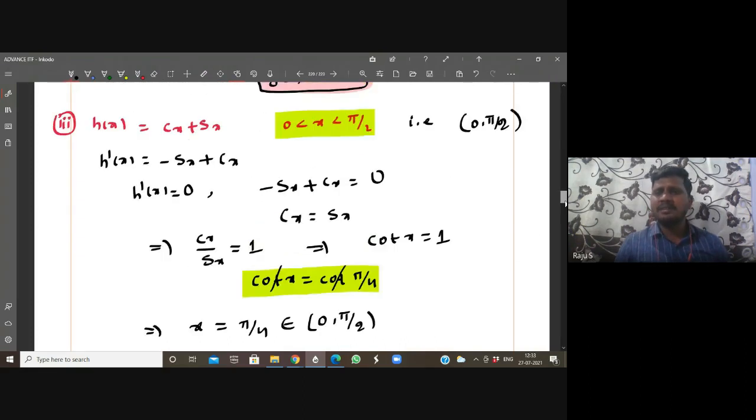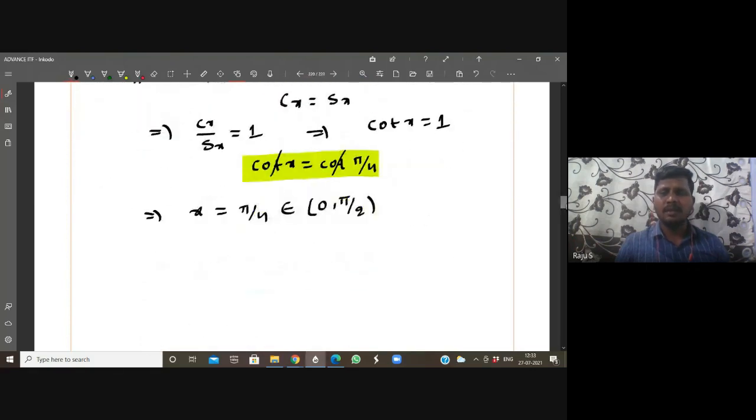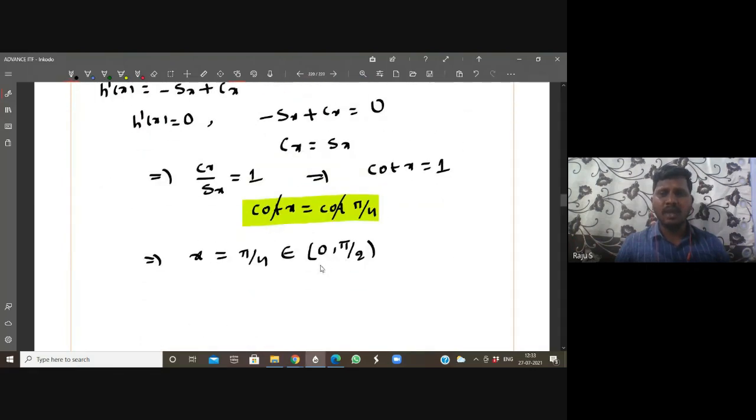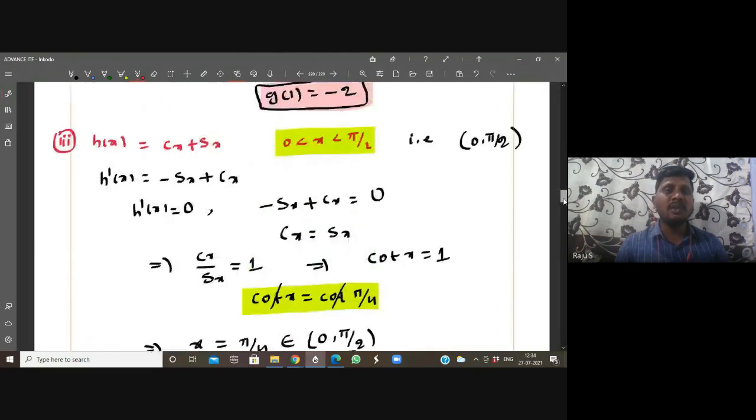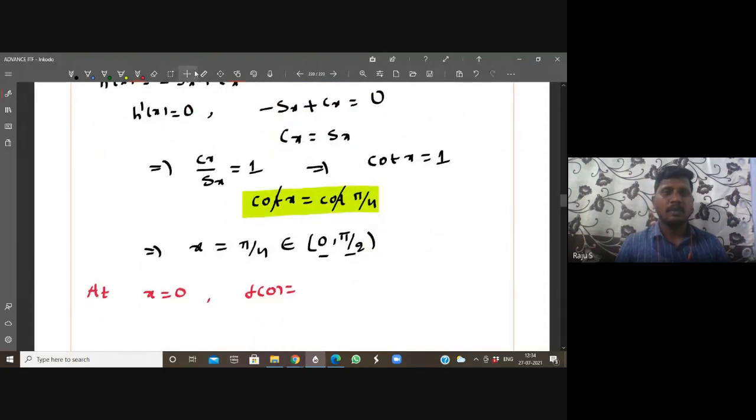It is not necessary to check maxima and minima. Here it is very simple. You can substitute the values 0, pi by 2 and pi by 4. Clearly the critical point pi by 4 belongs to the given interval. So now at first, x is equal to 0. What is the given function value? Substitute in the given function h of x.